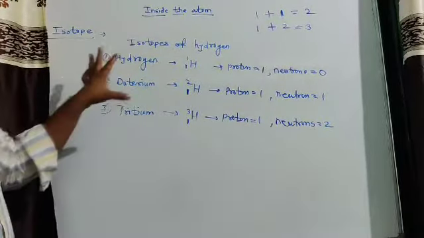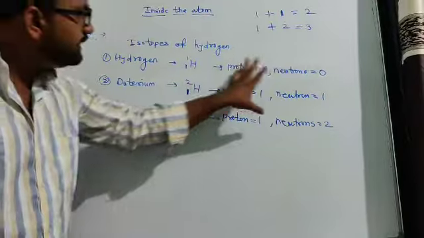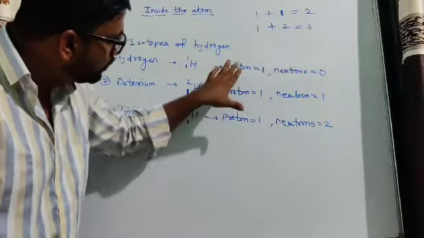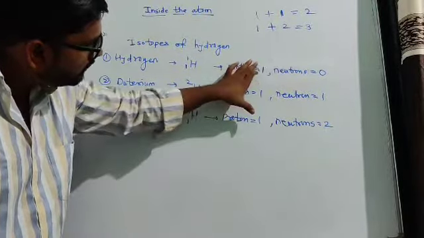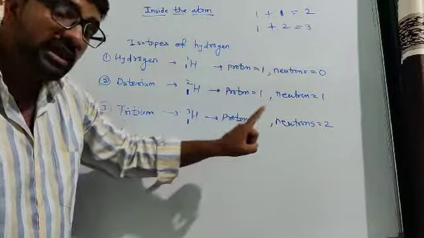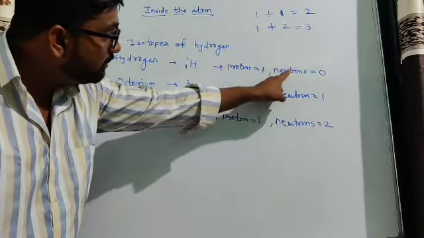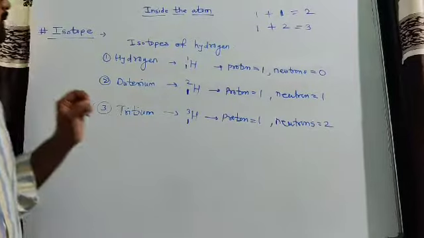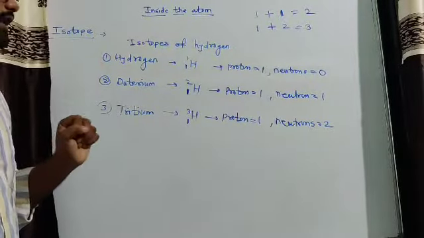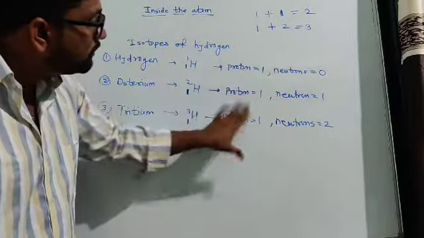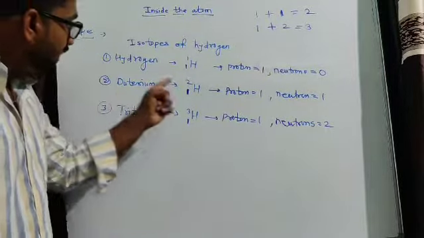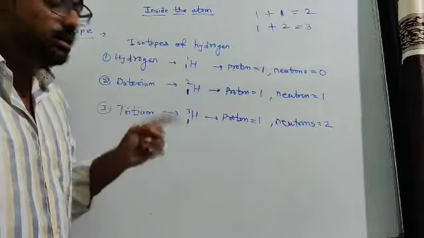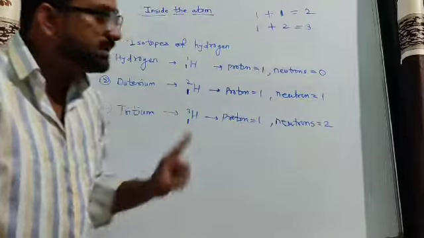So the change is only in the number of neutrons. Look, the number of protons is the same, 1, 1, 1, but the change takes place in the number of neutrons. So we can say that in isotopes the proton number remains the same, means the atomic number remains the same, but the neutron number changes.